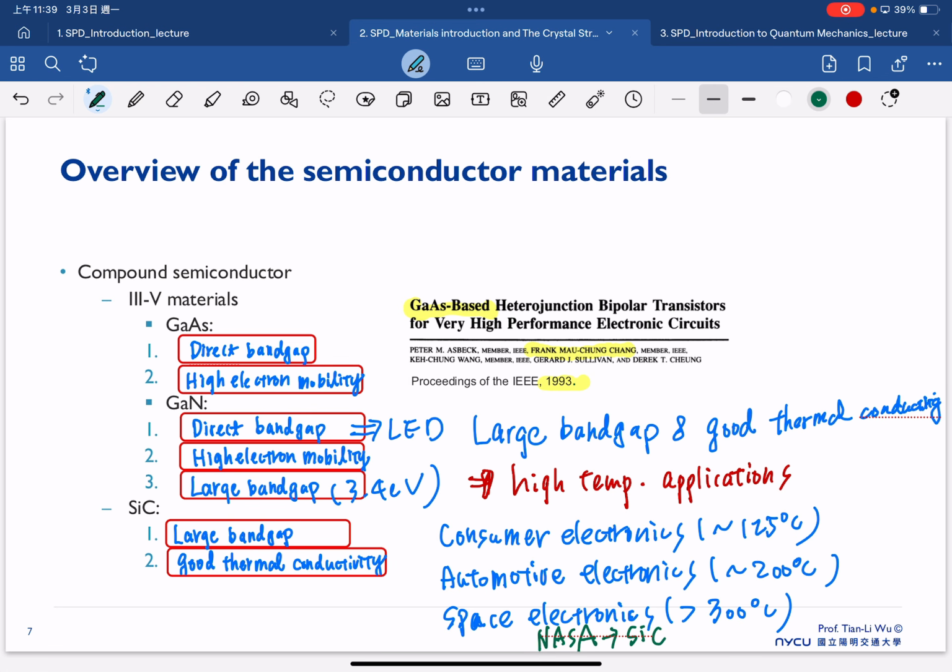They demonstrate silicon carbide technology can operate at more than 500 Celsius degrees. So that's why a material that has a large band gap and good thermal conductivity is ideal for space application.